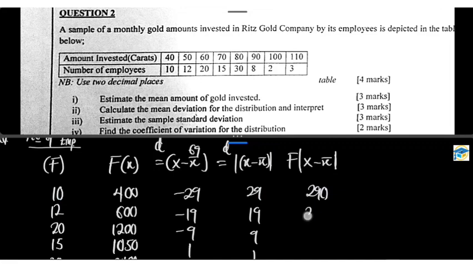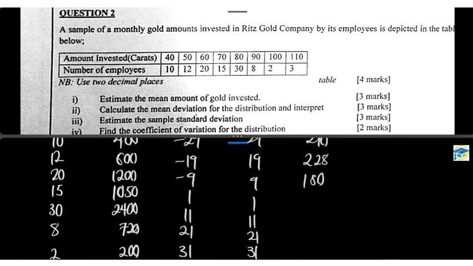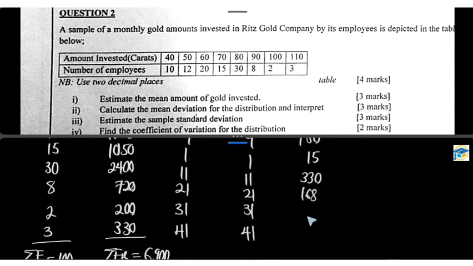So we're going to get here 290. Then you come back to here to be 228. The next row is going to give me 180. The next row is going to fetch me 15. Then I'll move to 330. Then 168. Then I have here 62. And then lastly, I have here 1, 2, 3.